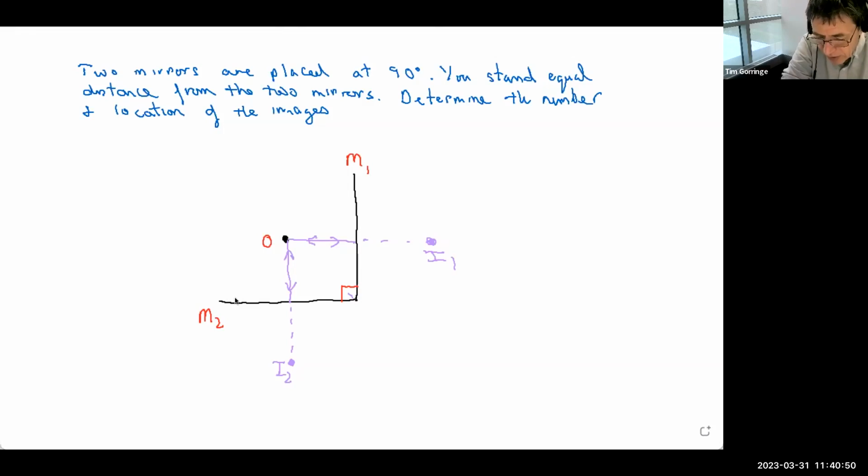Let's start with a case where the second reflection is in mirror number 2, and the object is actually image number 1.